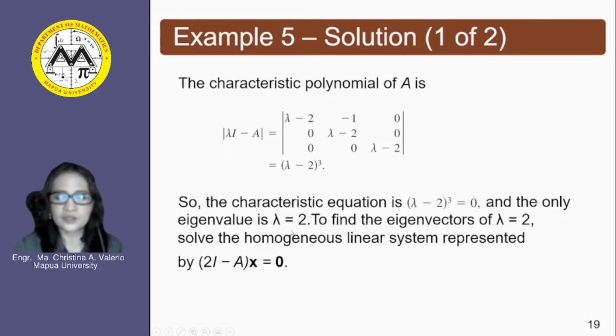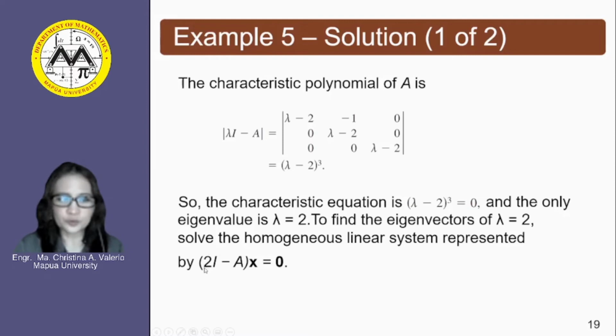So the next thing is to form the homogeneous linear system, that is lambda I minus A multiplied by X equal to 0. We do that, replacing the value of lambda by the eigenvalue 2, to form the homogeneous system.